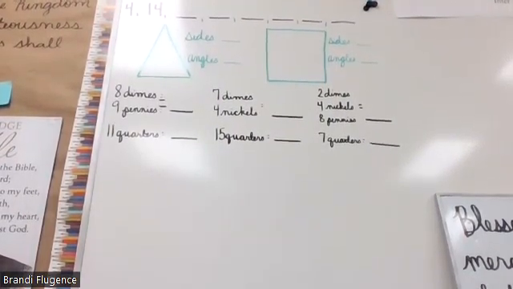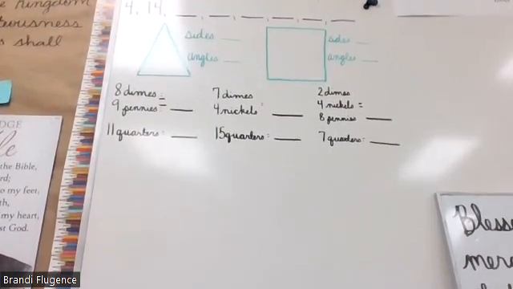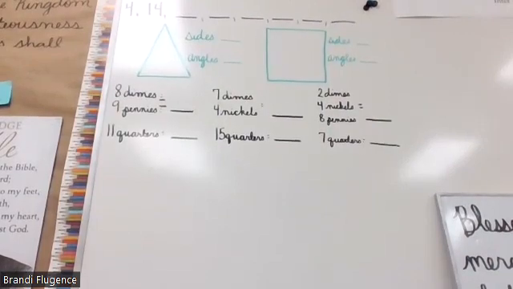She has 7 books and she lost 2. 7 minus 2 is 5. Okay, and David? I said not to use people's names in here. I already said that several times. 10 minus 5 is 5. Okay.